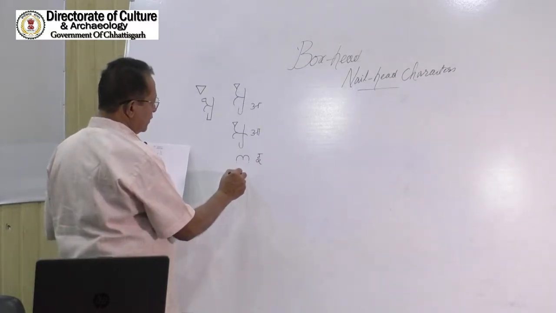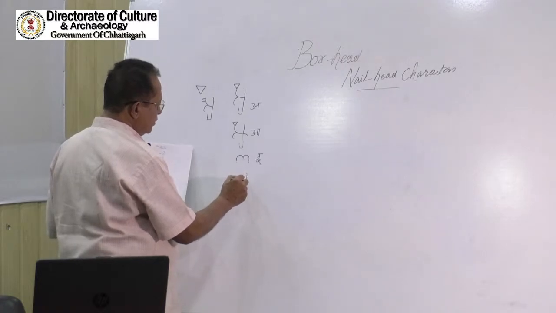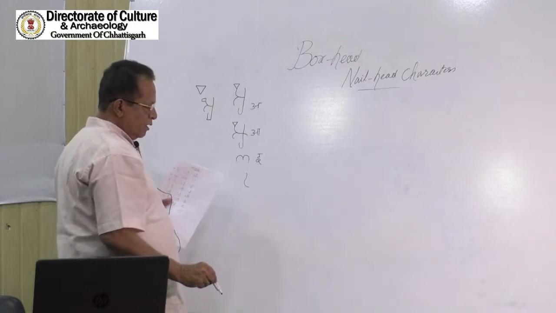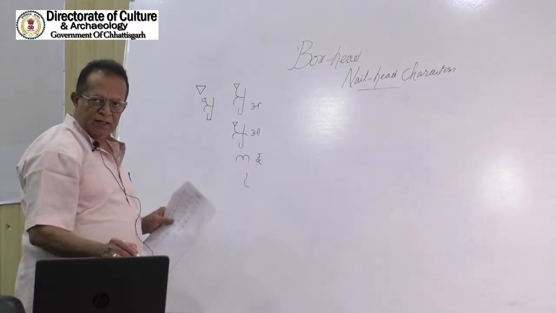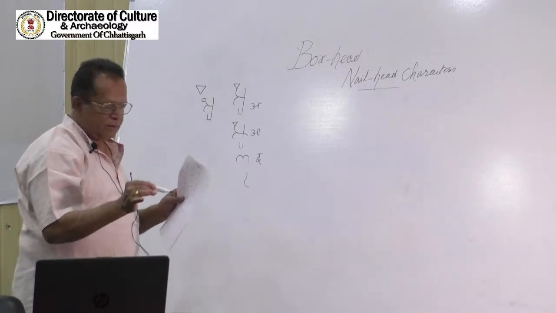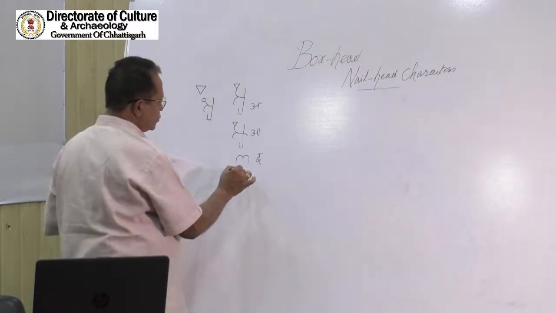And the O is very thin. First to write the form, whether it is box head or nail head, in the initial you have to write the consonant, and then attach a stroke on the top.